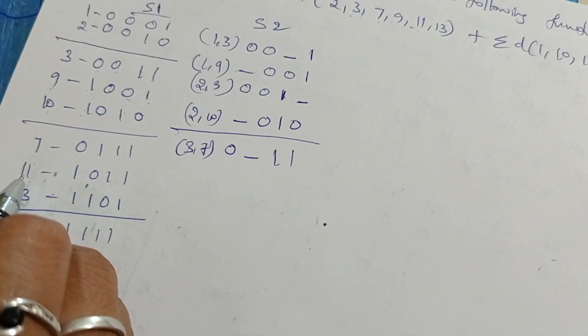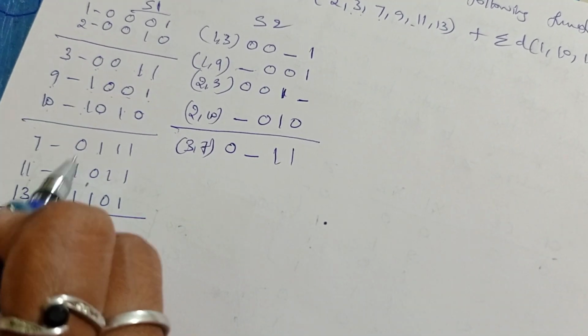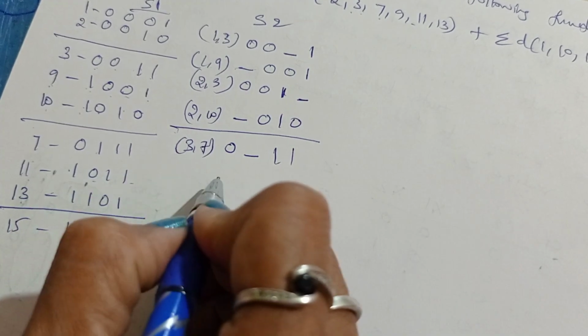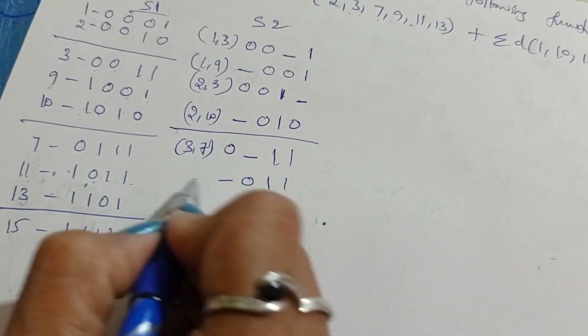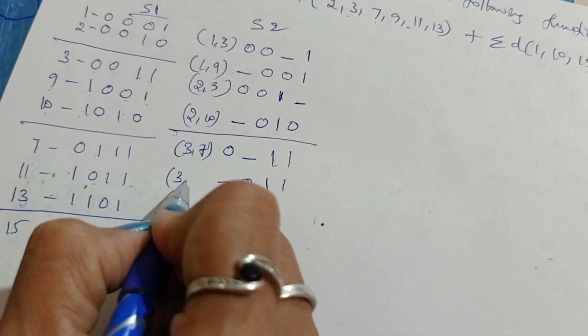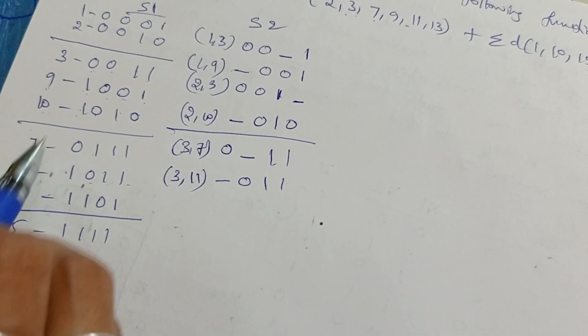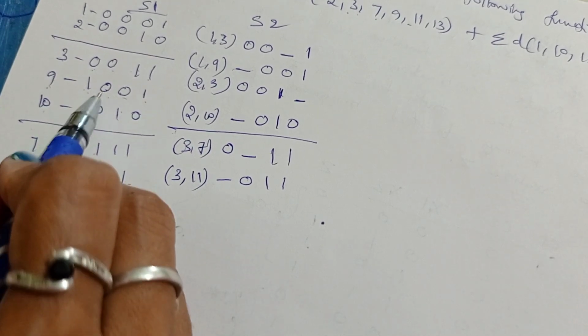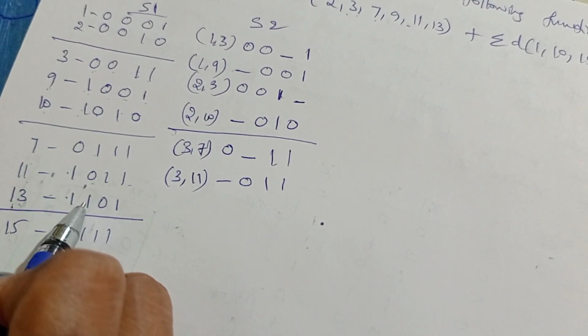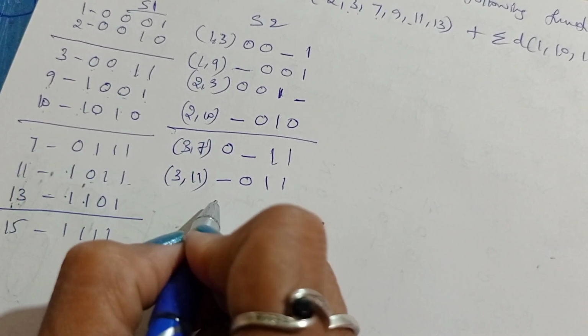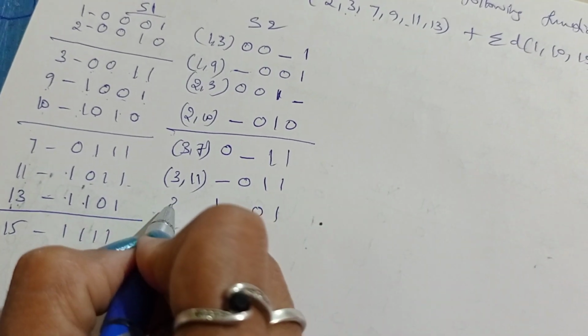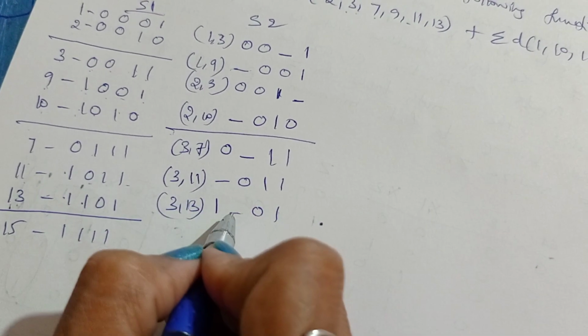Next 3 with 11, one change, the remaining three values as they are, 0, 1, 1. So 3 comma 11. Next 3 with 13, 1 and 0 is changing, hyphen 1, 0, 1, that is 3 with 13.